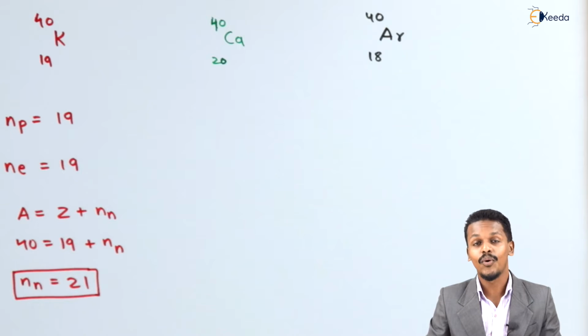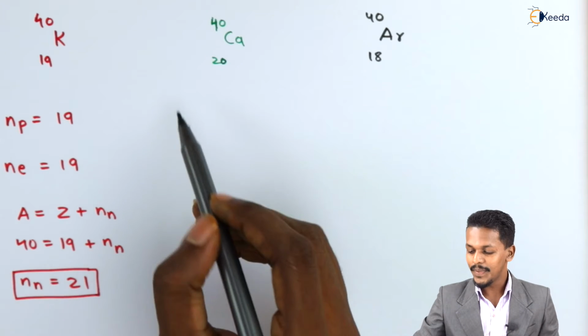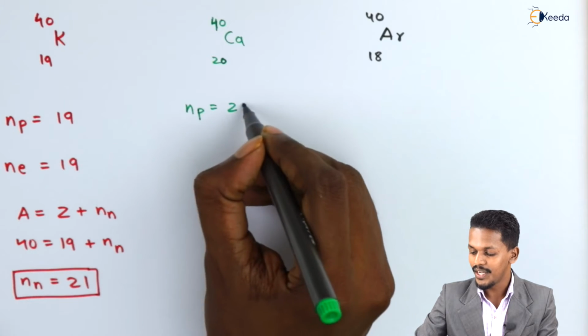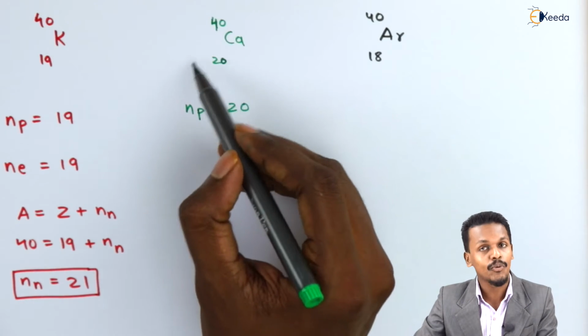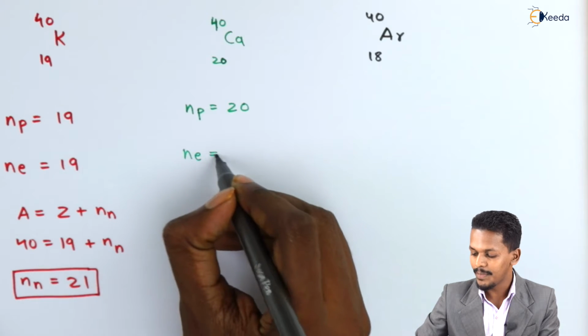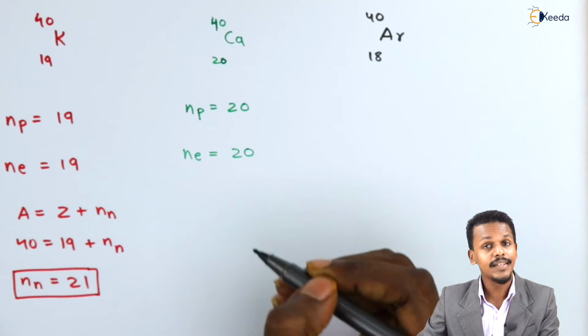And now let's talk about calcium. Here the number of protons is 20, because the number of protons is nothing but the atomic number of a particular element. Similarly the number of electrons will be 20.